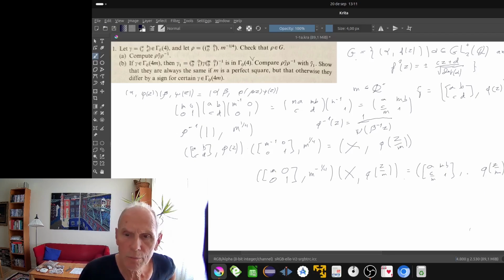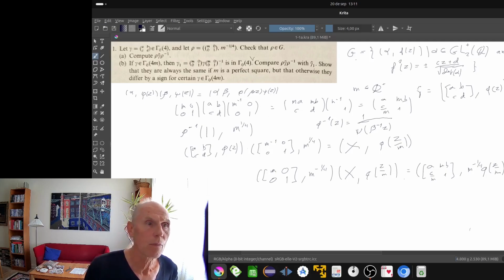And then we need to multiply it with this one operating on something, but that just gives m to minus 1/4. So that's gamma 1.